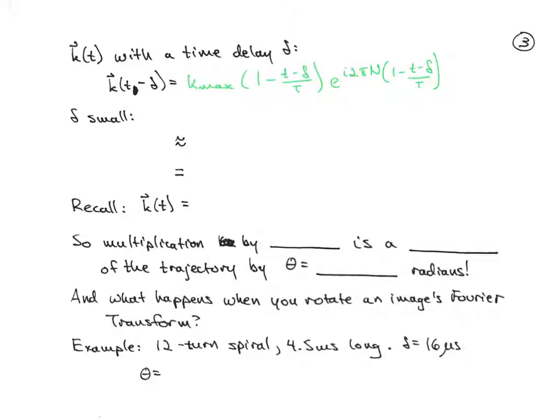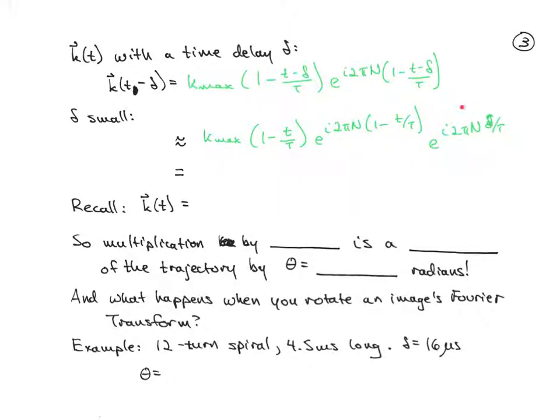That is, we can neglect the term in the amplitude factor there, and say that this is approximately equal to K max times 1 minus little t over big T times e to the i 2 pi n times 1 minus little t over big T times e to the i 2 pi n delta over T. And then this here is the original expression that we had for the K-space trajectory.